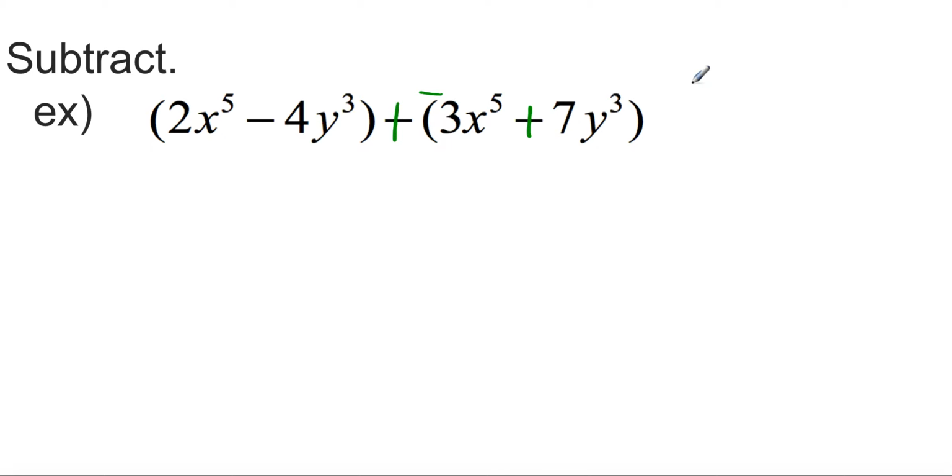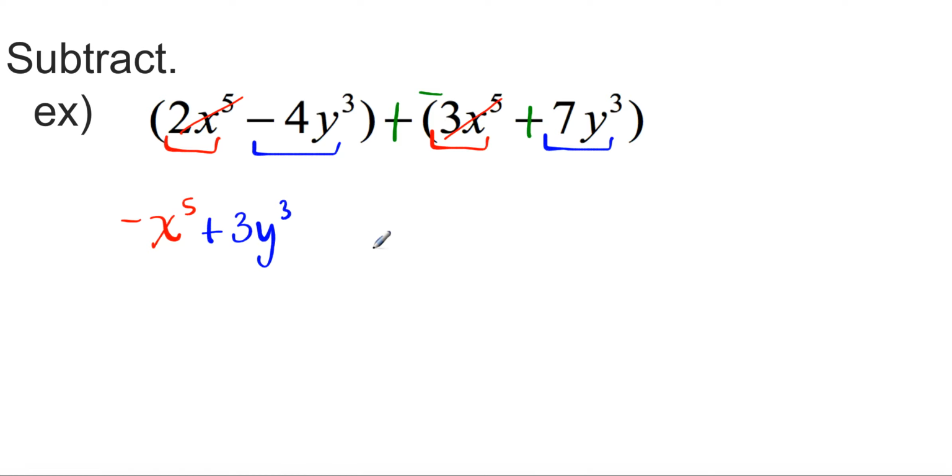So we're going to look for like terms. 2x to the fifth and negative 3x to the fifth makes negative 1x to the fifth. Done with those. Negative 4y to the third plus 7y to the third makes positive 3y to the third. No more like terms, so we know we've completely simplified the expression.